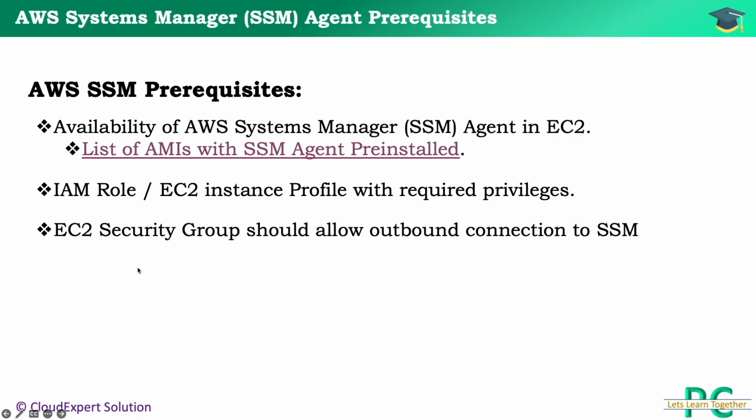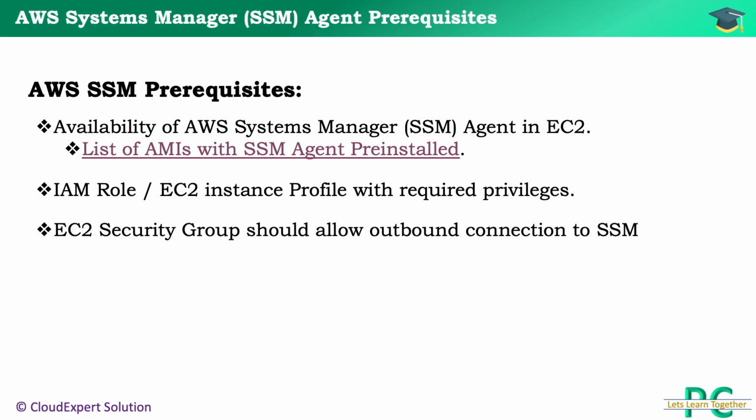Last but not least, the EC2 security group should allow outbound connections to the SSM service. This is a very important prerequisite and most of the time we neglect this. In many documentations or videos, you will find only the top two prerequisites. But please remember, a security group works as an instance-level firewall.